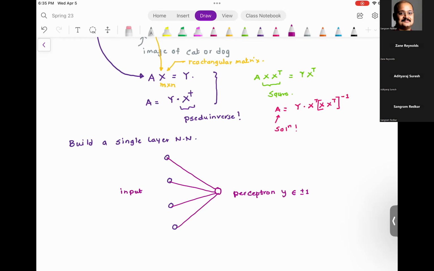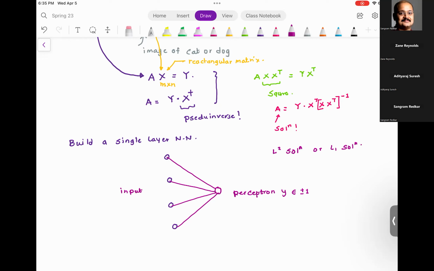So you can use either an L2 solution or an L1 solution, whatever type of solution makes sense.